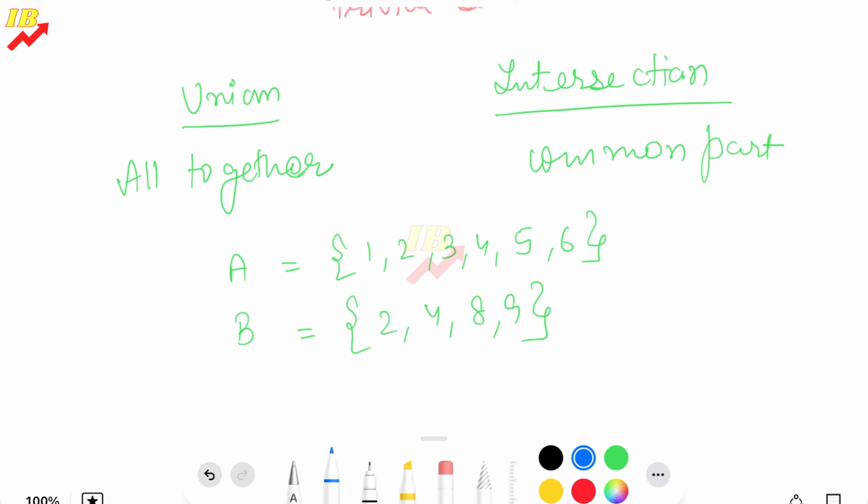intersection in the sets? U stands for the union and reversed U stands for the intersection.